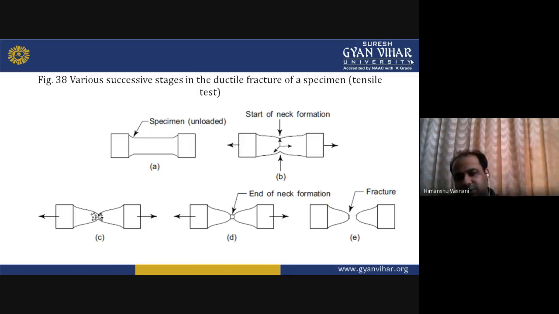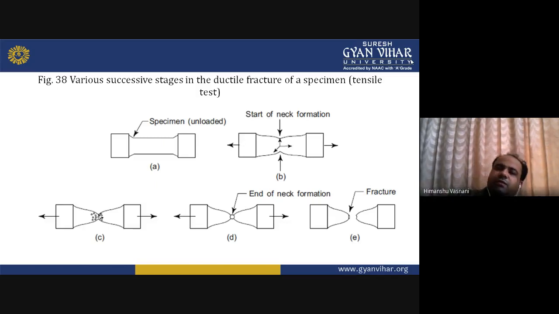It will not deform more than that after the end of neck formation. It will simply break, leading to fracture, and this is what happens in figure E. You can see in the center of figure E there is a cup and cone formation on the specimen, showing that ductile fracture has taken place.